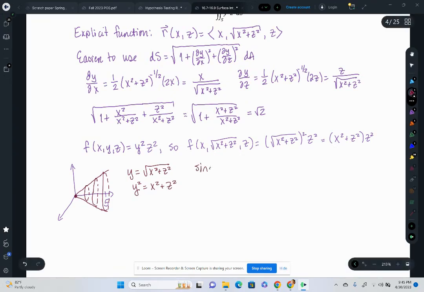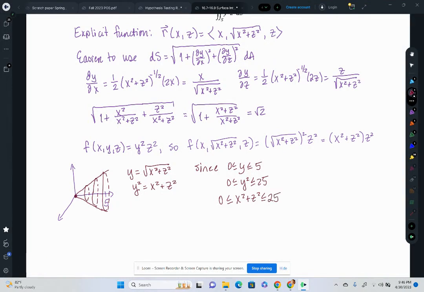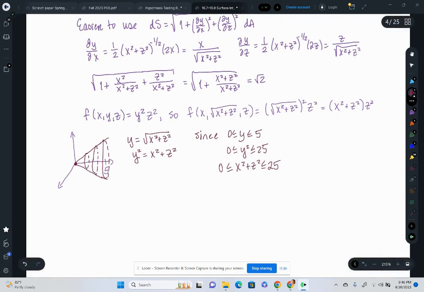So since y is between 0 and 5, we could say that y squared is between 0 and 25, which means that our circle, the x squared plus z squared, is a whole bunch of circles with radii that vary between 0 and 5. Okay? So we can switch our bounds over to polar, because we're going to be looking at the xz plane now, circles.